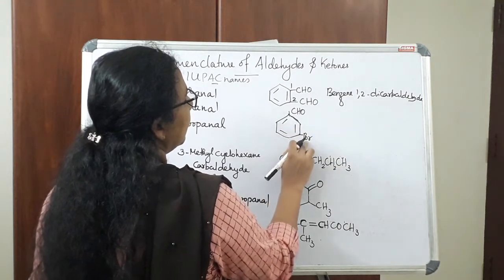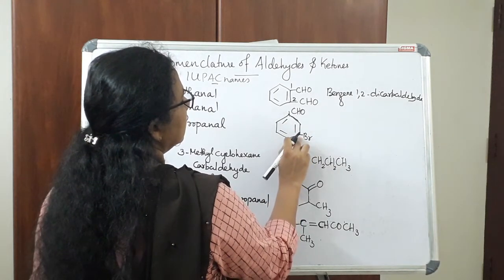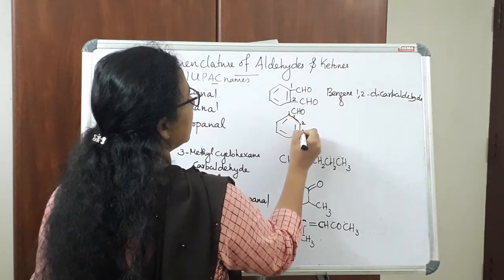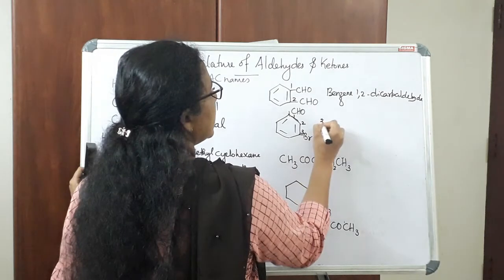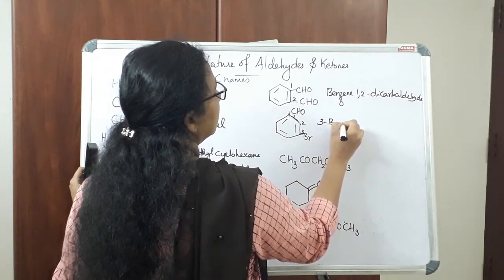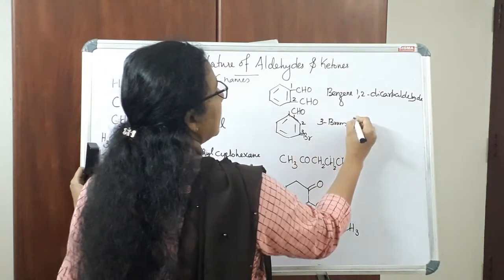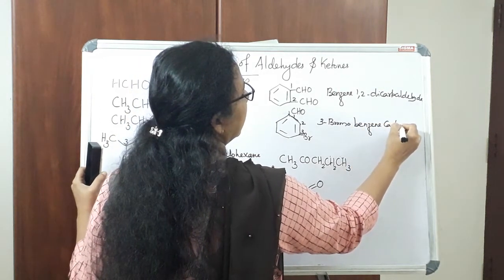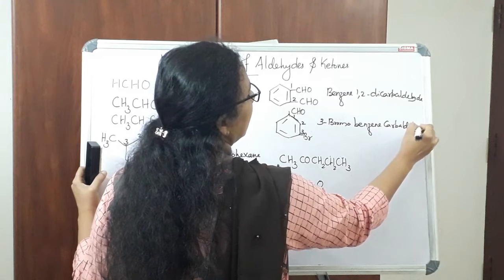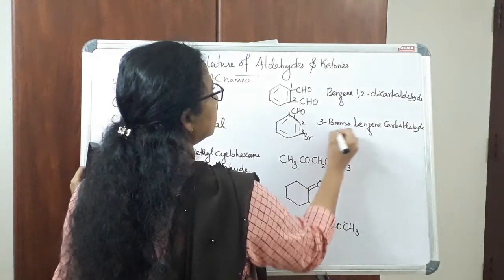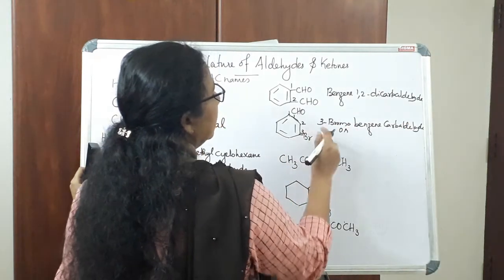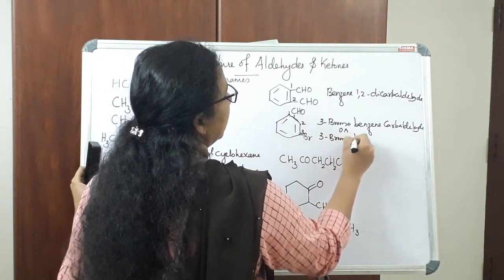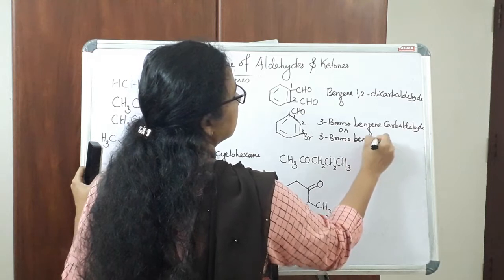Next one is again an aromatic compound. Here bromine is in the third position. So this will be the first position, second position and third position. So 3-bromo, we can write benzene carbaldehyde, or most commonly we will write 3-bromo benzaldehyde.